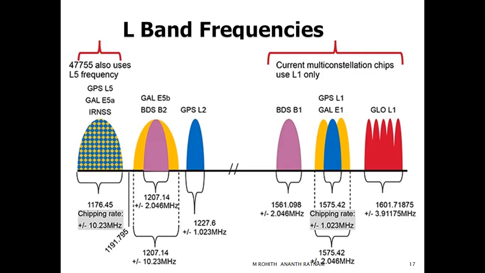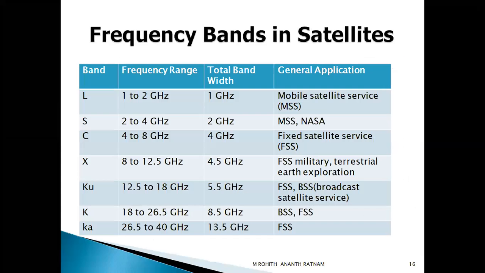Which satellite is using which particular band and range? So guys, we have the band called L band, which is 1 gigahertz to 2 gigahertz. This is what is used for the navigation satellites.